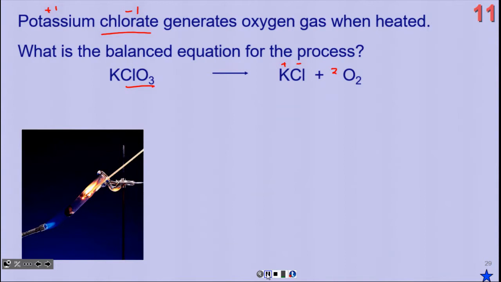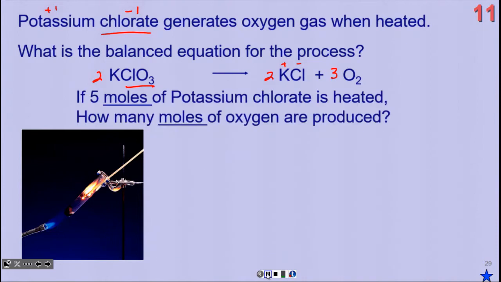So 3 on the right and 2 on the left will get us 6 oxygens on each side. But now we have to change the number of potassiums and chlorines in the reaction, and putting a 2 in front of potassium chloride gets that job done there. So now we have a balanced equation for the process with 2 potassium, 2 chlorine, and 6 oxygen, both on the left and on the right.